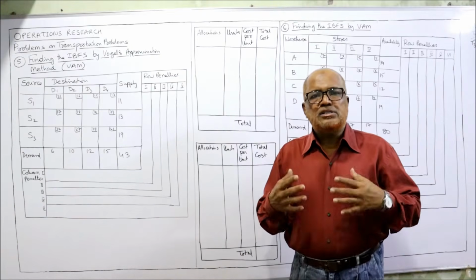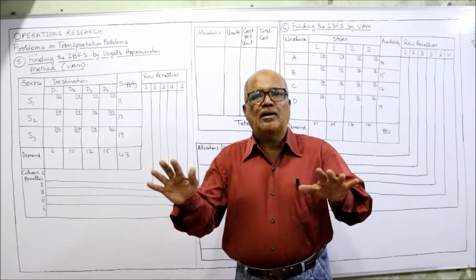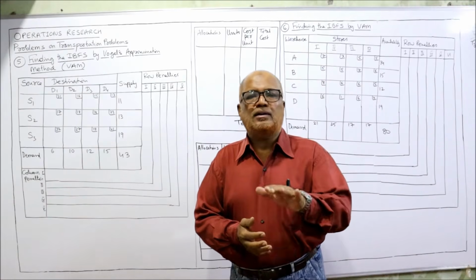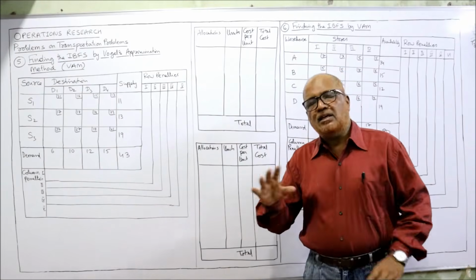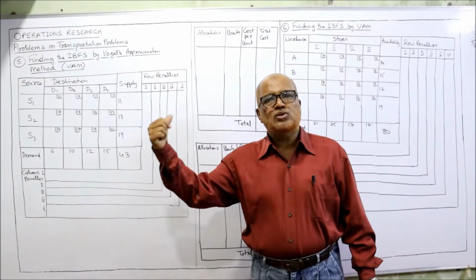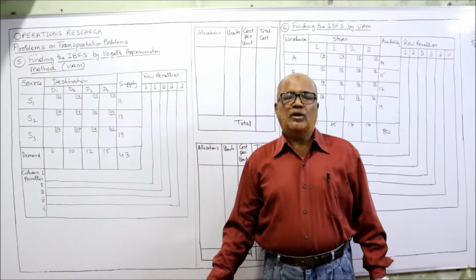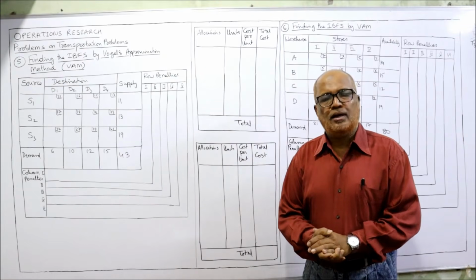So whatever time spent in finding out the IBFS will be cleared off by having shorter time in finding out the optimum solution. In examination, if it is asking you only to find out the IBFS, always go through VAM, not by least cost method or northwest corner rule, right?